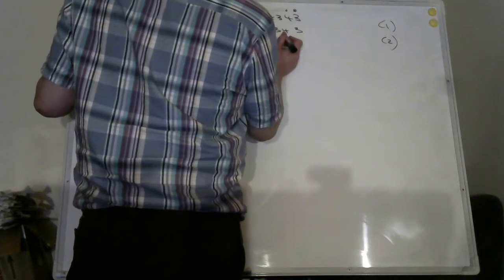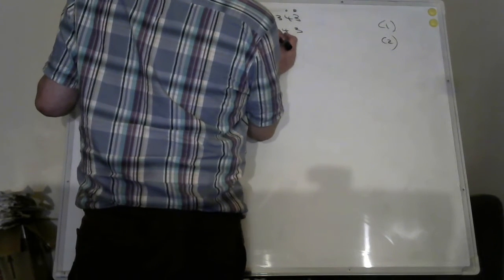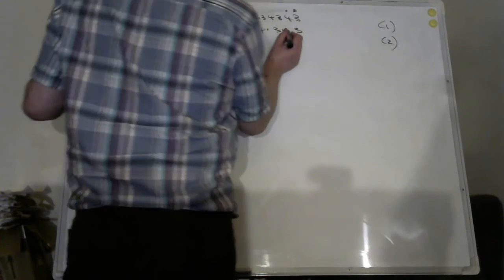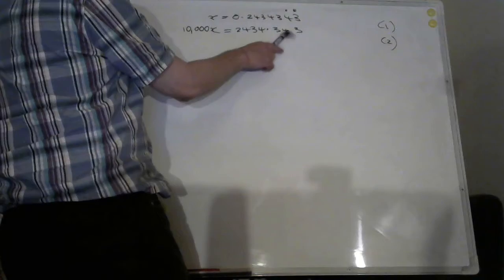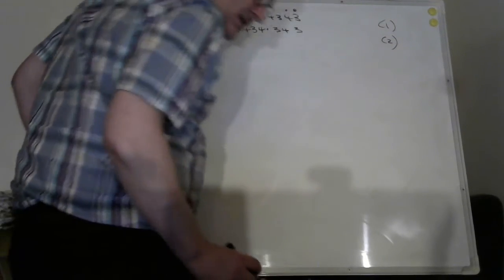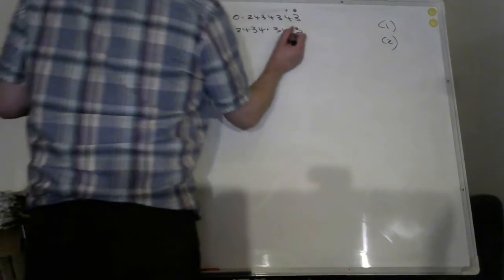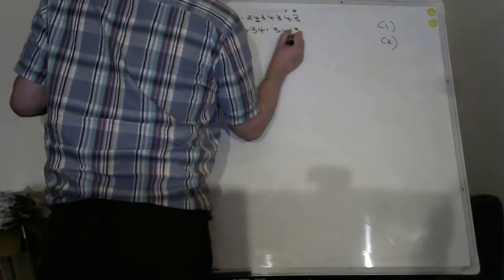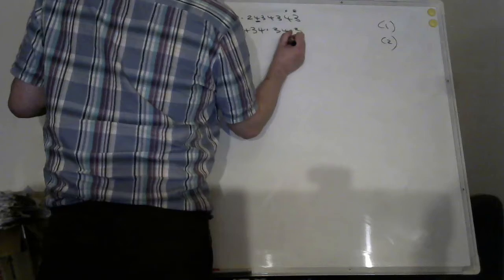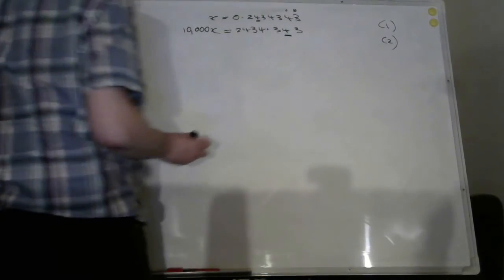Oh, wait a minute. We've got a 3 there. The next two decimal places, we've got a 4. So I think we're on the right tracks. So there we've got a 4 in the second decimal place. There we've got a 4 in the second decimal place.